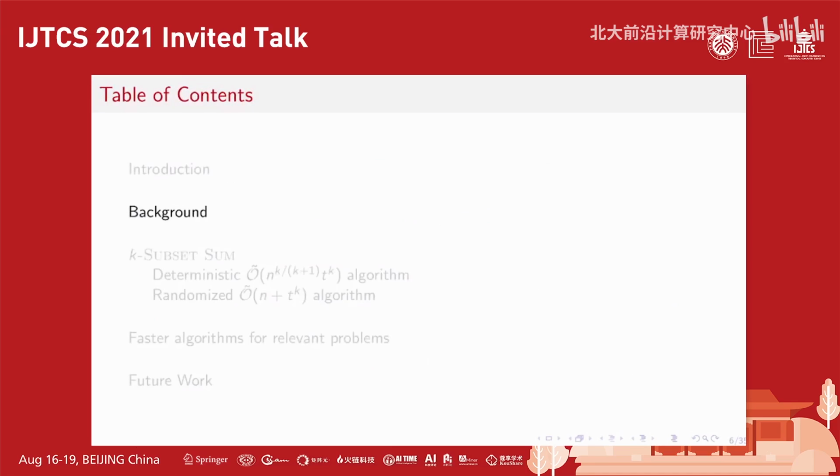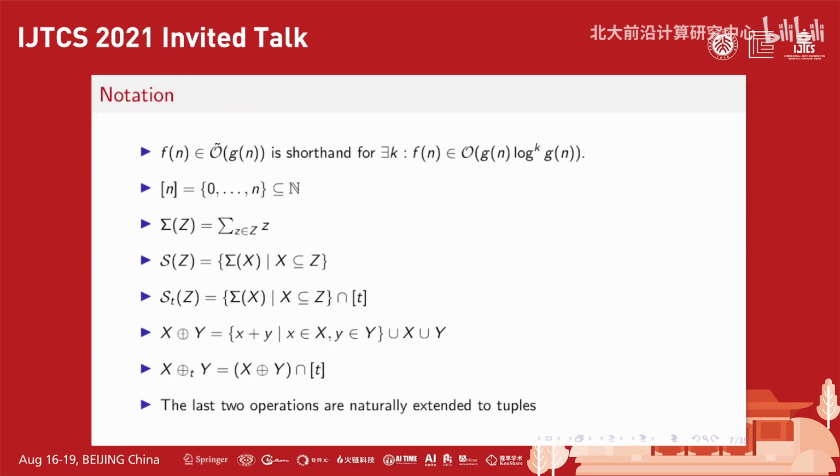Now we will present some necessary background in order to better understand the algorithms that we will present in this talk. We start with some notation, although we will explain it as we see it in the algorithms, but the main point is to keep in mind that this symbol and this symbol is actually a pairwise sum operation.